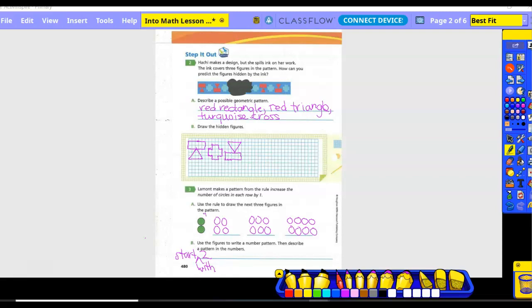We added what to each one? Okay, then add 2. So does that give us a rule? Is that our rule for what our pattern did? Yes. Okay. What would have been our rule for the pattern on the front? Just rotate clockwise 90 degrees, right?